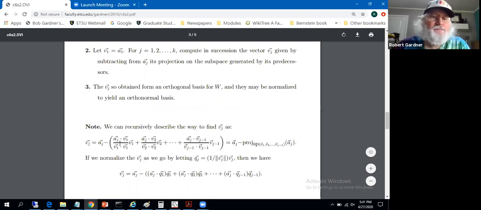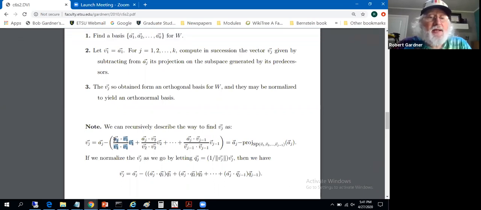We'll have A sub 2 dot V sub 1 over V sub 1 dot V sub 1 times V sub 1. It's just a projection the first time around. Next, we'll move to j equals 3. We'll take V sub 3 as A sub 3, and then we'll subtract off 2 pieces. Computationally, that's mostly what we'll do. You got more pieces, you do the same stuff. You got more A sub j's. You simply subtract off more expressions when you do the projections.